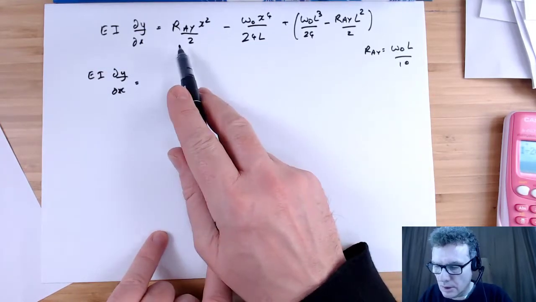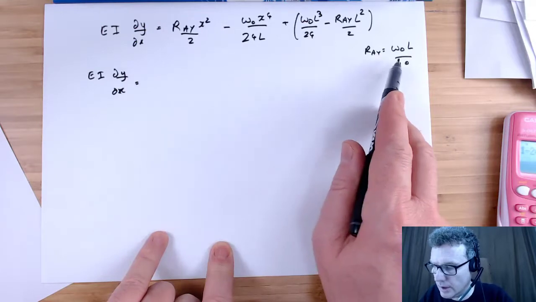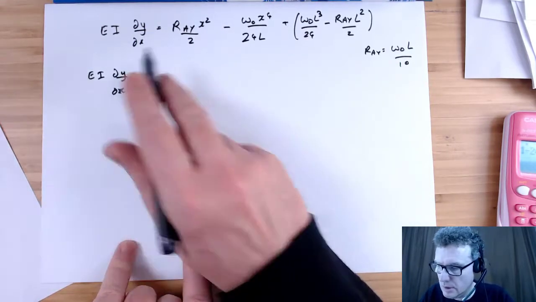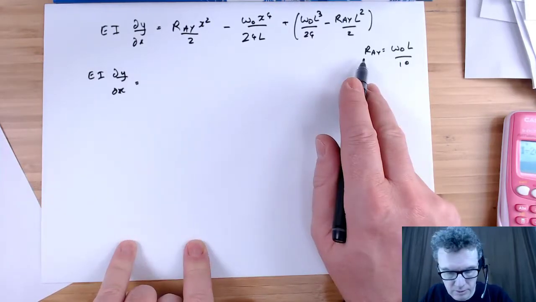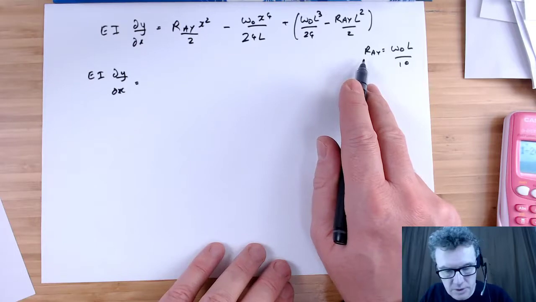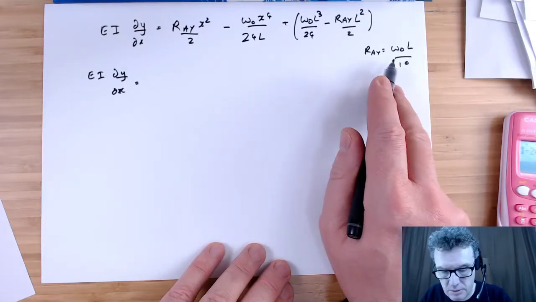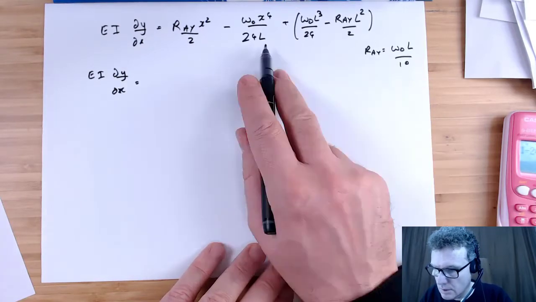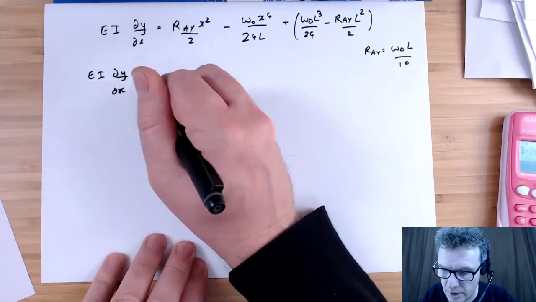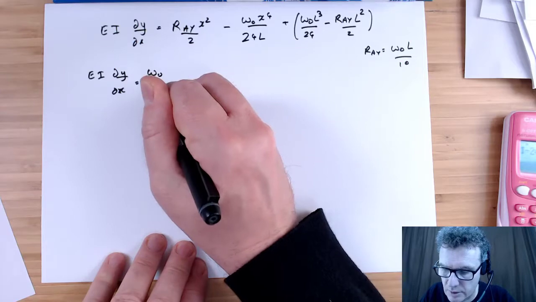So RAY is W0 L, so the first substitution, I'm going to end up with a lot of W0s. Got an L there, so I'll take out that as a common factor. So we're going to end up with W0 over L.